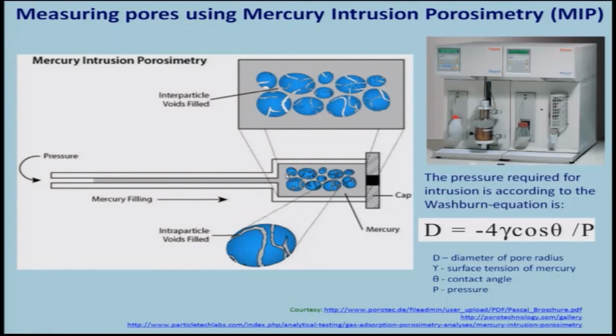But remember that it can only occupy the space here, but it cannot get into the cement particles. Why? Because mercury requires more pressure to go inside cement particles, because the voids in the cement paste are very small. So we need additional pressure. So for this purpose huge pressure is applied to inject mercury into the air voids.